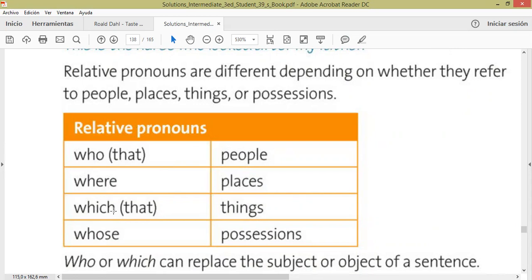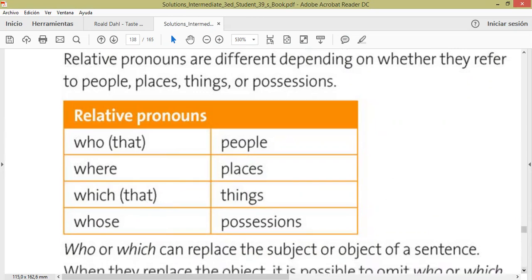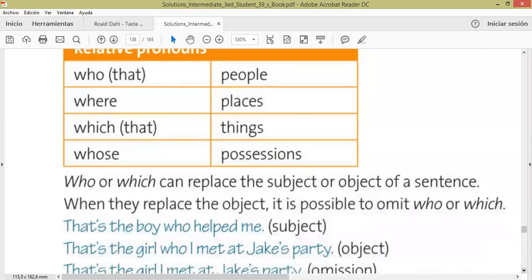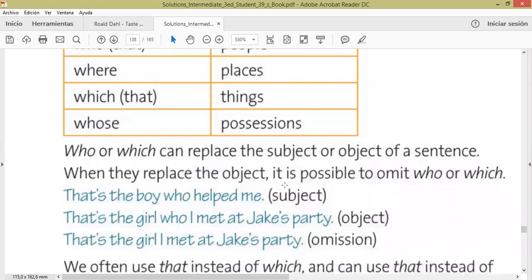We have which or that to refer to things, and whose to refer to possessions. In connection to relative pronouns, we can see that who or which can replace the subject or object of a sentence. When they replace the object, it is possible to omit who or which.